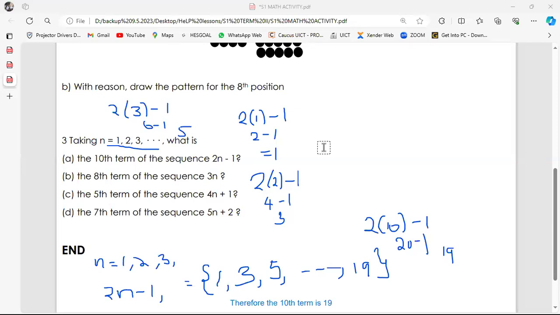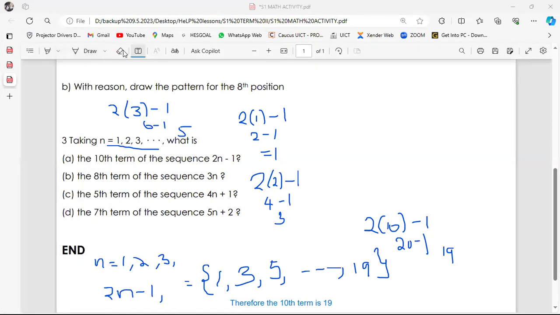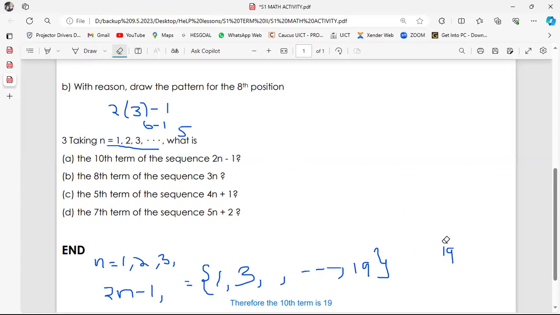Okay, so I'm going to do the next one, which is part B. They wanted the 8th term. 8th term is done like this.